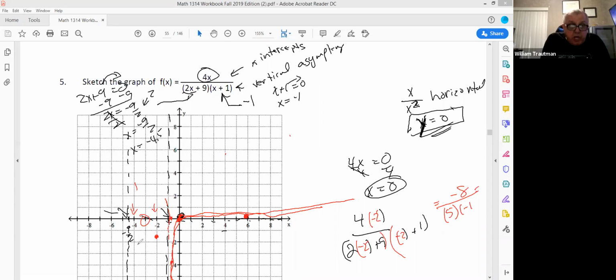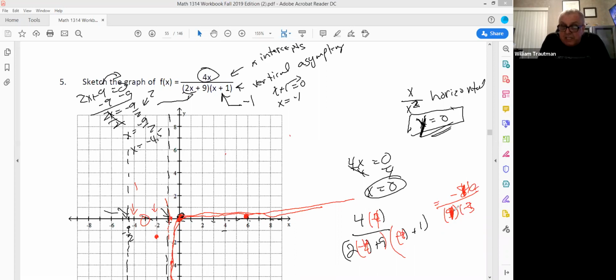And let's try -4 now. -4 times 4 is -16. 2 times -4 is -8, plus 9 is 1. -4 plus 1 is -3.